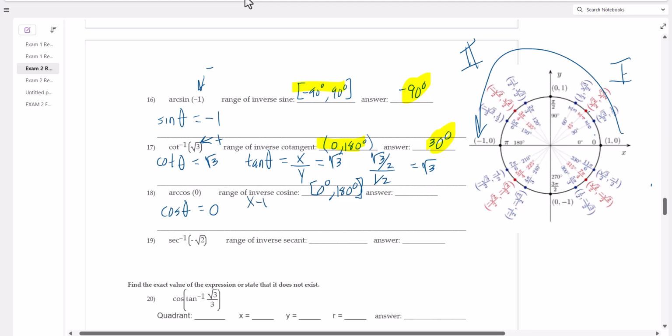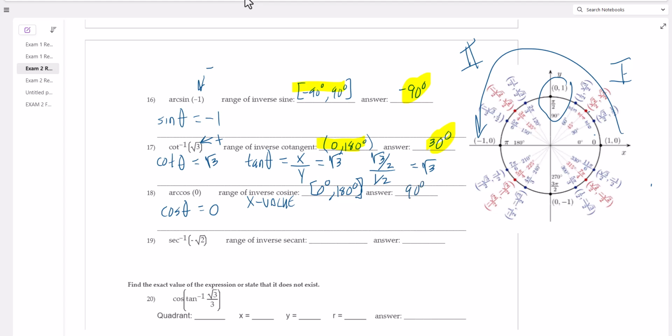So you're just looking, where is x 0? Okay, x is equal to 0 right here. So that means the answer to the problem, in degrees, is going to be 90 degrees. So we're doing everything in reverse. The cosine of 90 is equal to 0. Okay, so that's how you would get the answer.